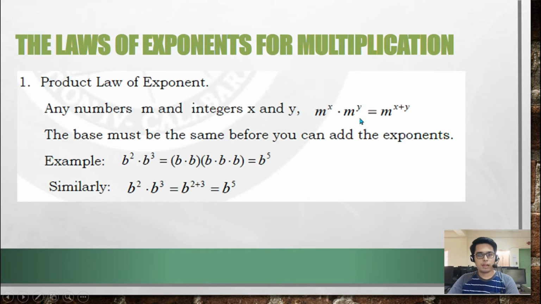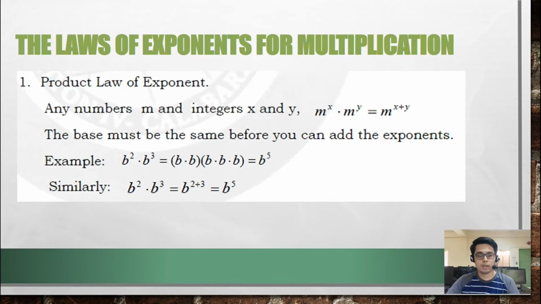Kapag parehas sila ng base, magmumultiply sila, yung exponent nila, pwedeng i-add and copy the common base. Okay? Then, i-add lang yung exponent. Ganyan lang pag multiplication. I-add lang yung exponent and copy the common base.